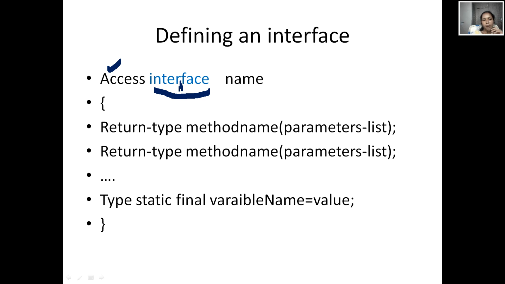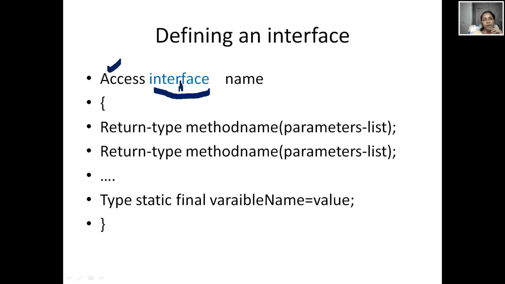An interface has only abstract methods: method name, return type, and parameter list. If you have observed, it should end with a semicolon, meaning only the signature part exists, with no implementation. You may think it is an abstract method, but no abstract keyword is there.